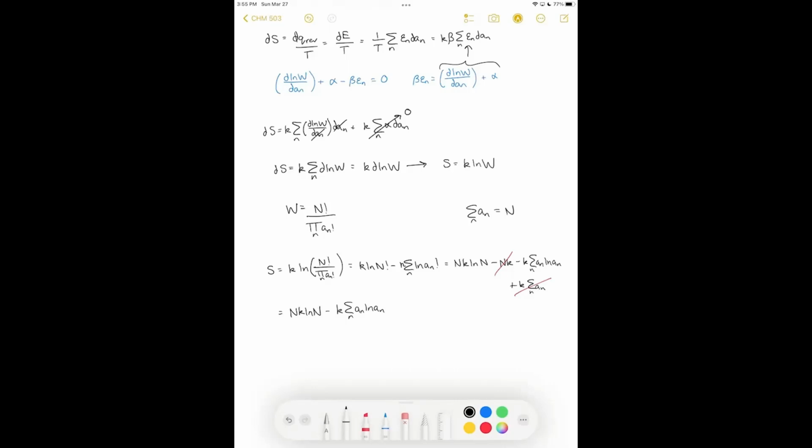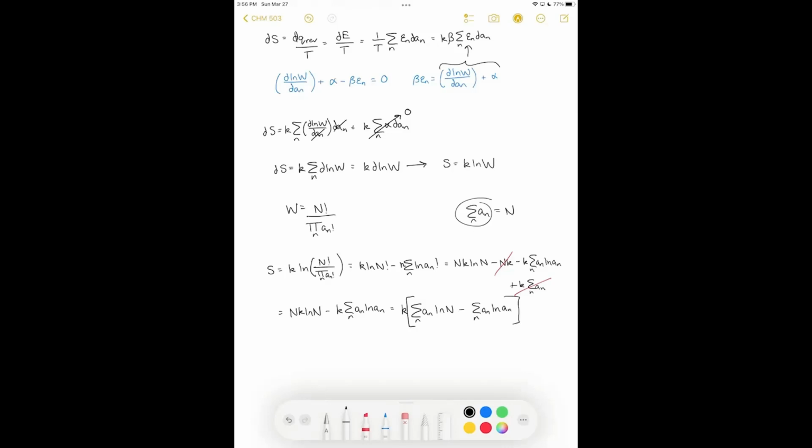Now, what we can do with this is actually bring this relationship back in and substitute that in for N. So what we get if we do this, we can pull out a k. So we can factor out a k, and this will give us k times what? Well, our N is simply the sum of all of the a sub n's. And then we have the natural log of N, and then we're subtracting here the sum of our a sub n's natural log of a sub n.